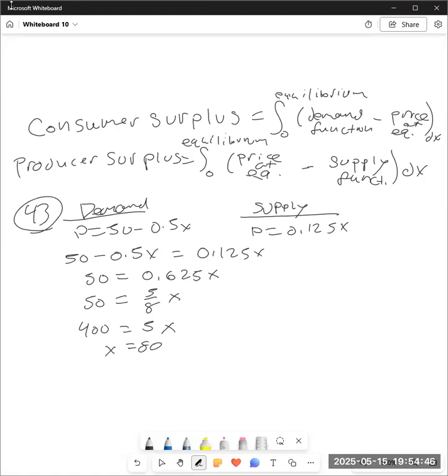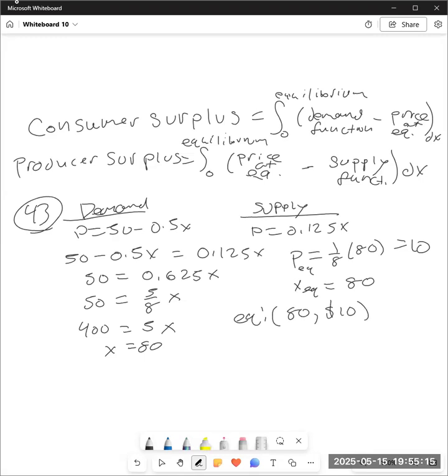So 80 is going to be my x value for my integrals here. P needs to be 1/8 times 80, which is 10. Okay, so equilibrium happens at 80 and $10.